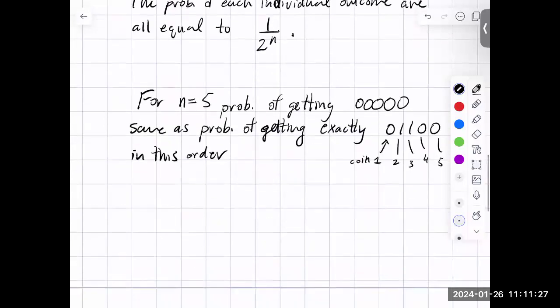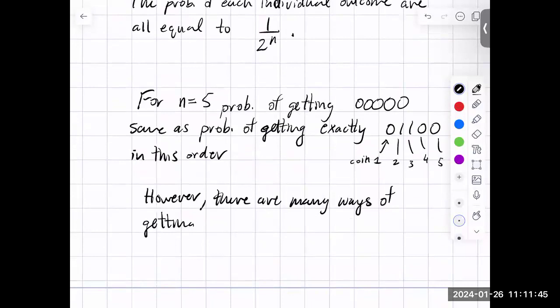The difference is, however, that there's lots of ways to make 2 heads and 3 tails. However, there are many ways of getting 2 heads and 3 tails.